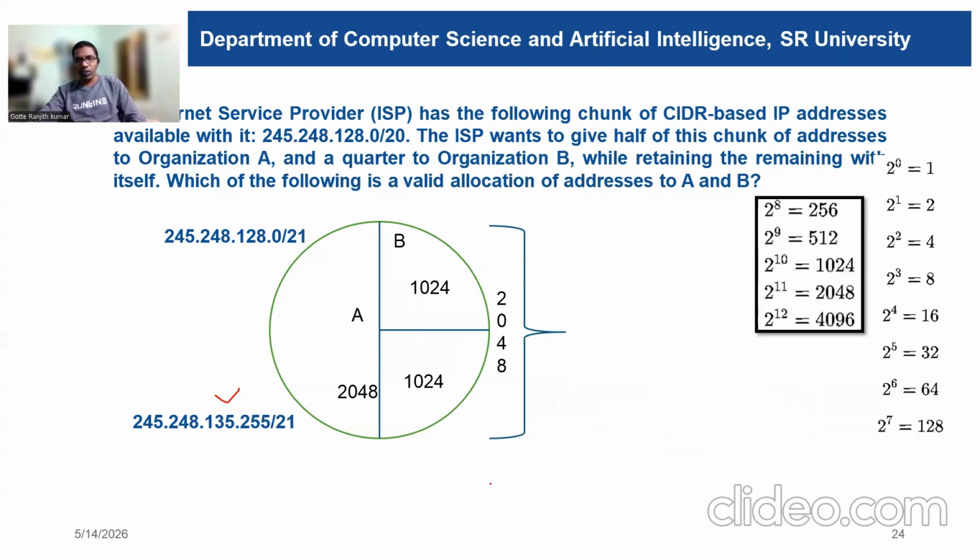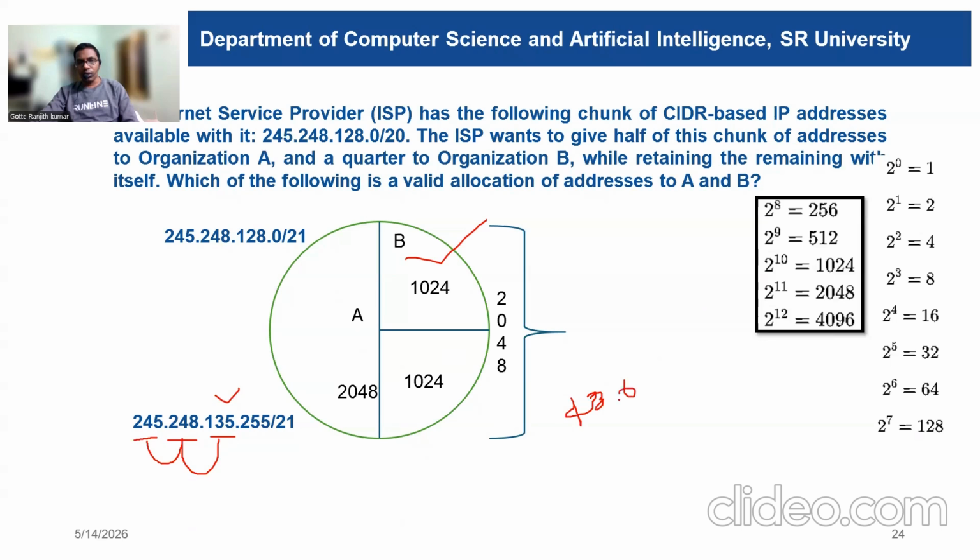For that 136, how many bits are we using? 22. 22 means 8 plus 8, 16, 16 plus 6, 22, because the network address bits are 22. That's why 6 bits from the third byte are used for the network address, and that should be 136.